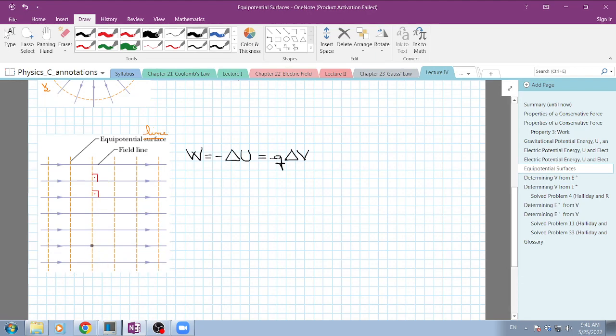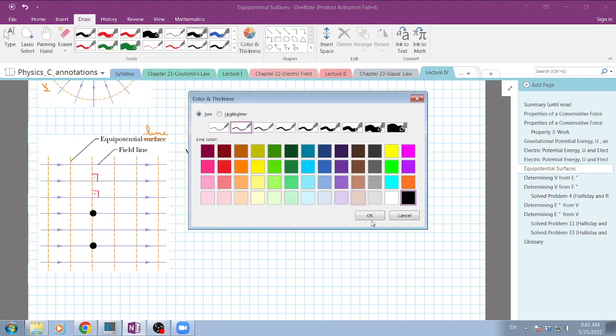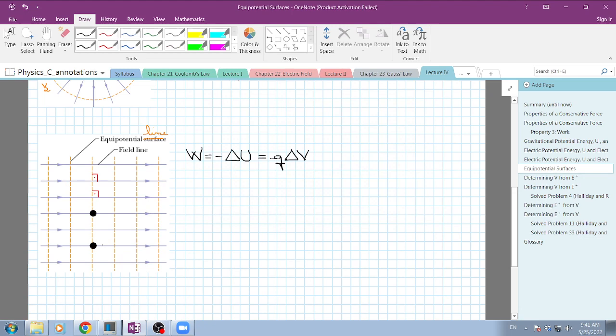I'm moving from here to here. Charge. So this is the initial position. This is the final position. Let's say that I have my reference frame. This.